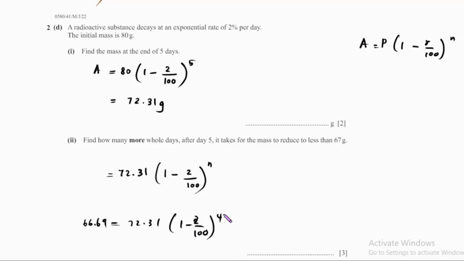So we know that the value of n is equal to 4, which means after 4 days, from this 72.31 grams, it reduces to 66.69 grams. And it clearly asks us to calculate after how many more days after day 5 it will be. So that's going to be 4 days.